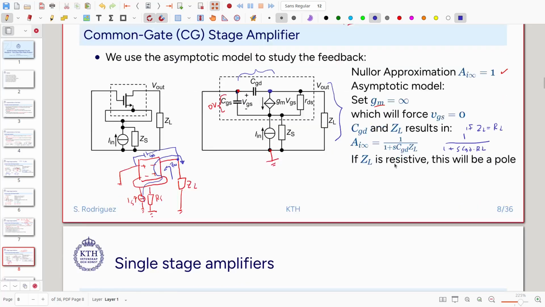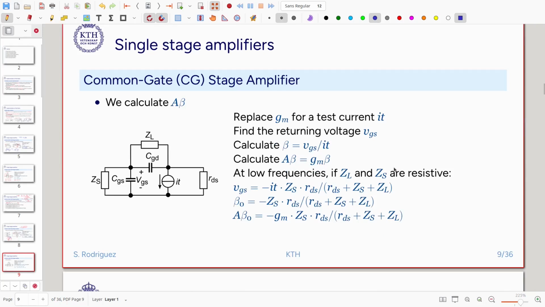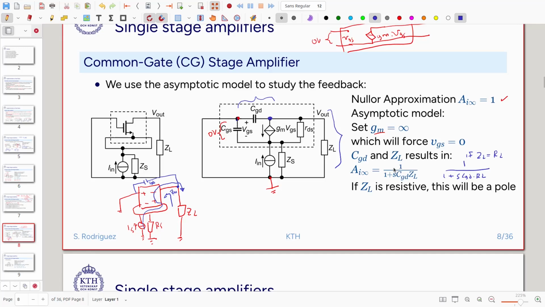Now we go forward and calculate the loop gain, and we do exactly the same as we did before. So now we are going to replace our transconductance amplifier with a test current, and then we are going to remove our current source here, and then we are going to calculate how much VGS comes back, because that will be my feedback factor beta.